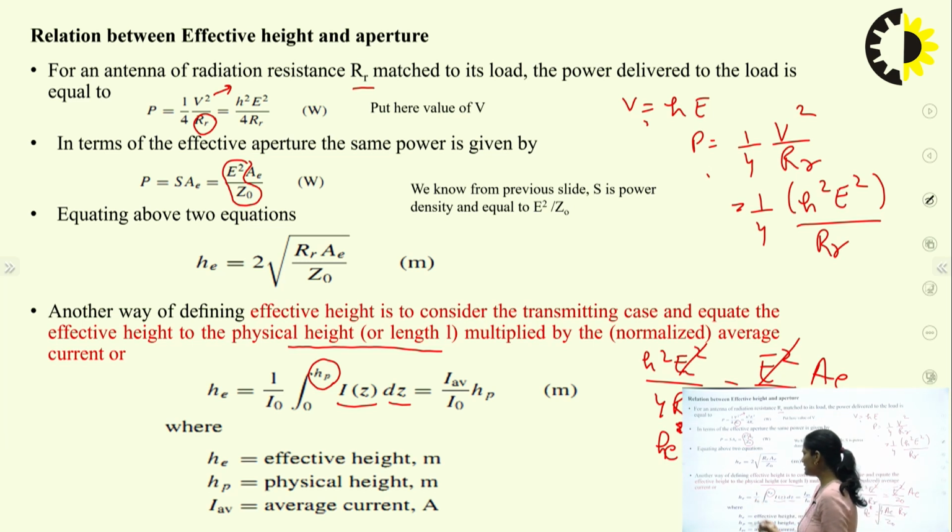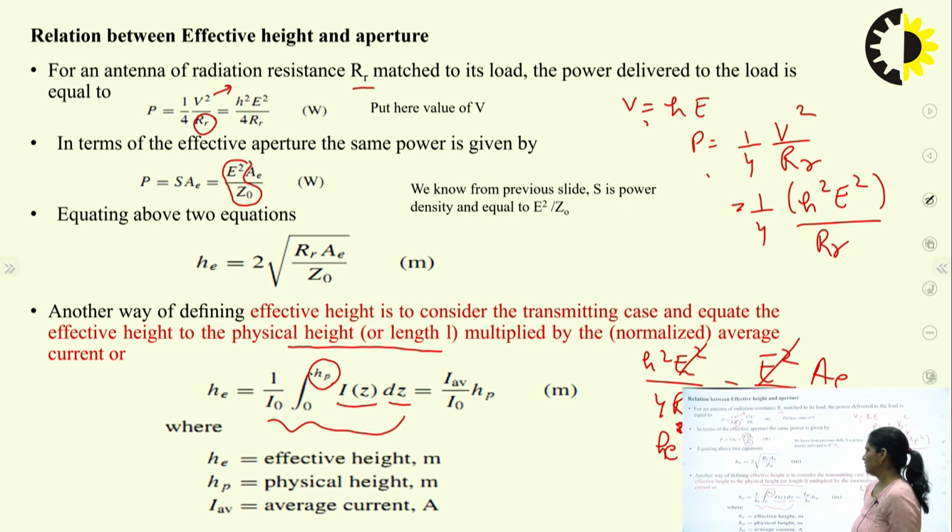Here HE is the effective height, HP is the physical height, and when we integrate this we get HE equal to I average upon I naught into HP, where I average is the average current. So this is how you measure effective height in terms of physical height.